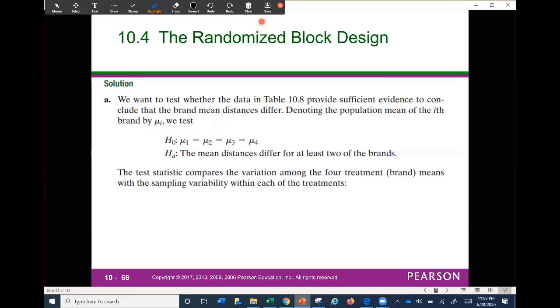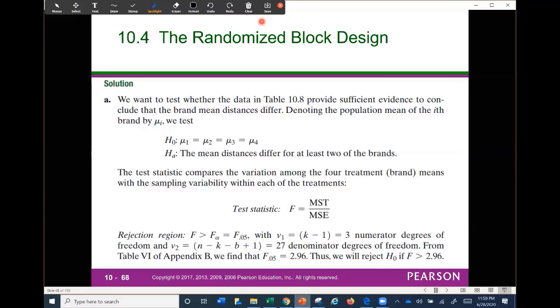And the test statistic, as I told you, is F, the quotient of mean squares. We did it already. The rejection region must be obtained using the F table.